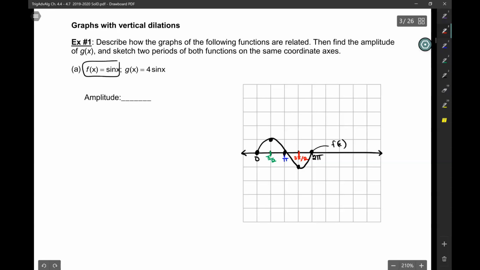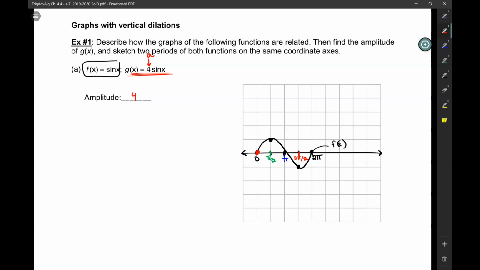Now, here I have g of x equal to 4 sine x. I'm asked for the amplitude here. The amplitude is this value of a, so in this case, it's just 4. Now I want to graph that. It's still a sine function, so at 0, it still starts on the axis.